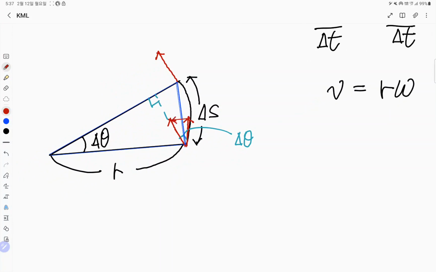So if we connect the ends of the arrows of the velocity vectors, this indicates the change in velocity delta v, and that's toward the center.